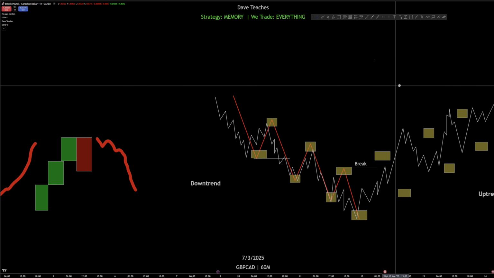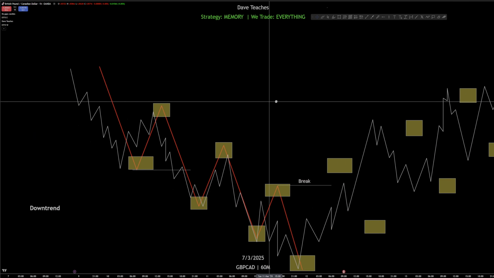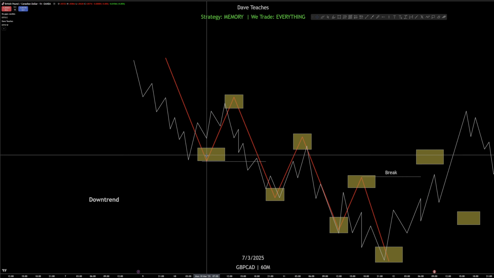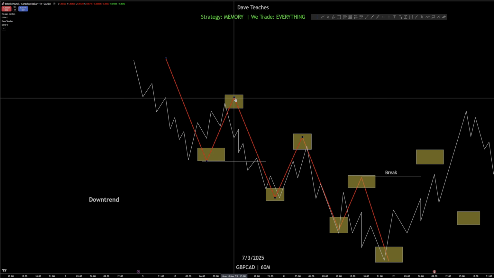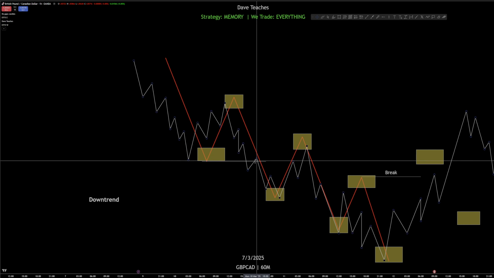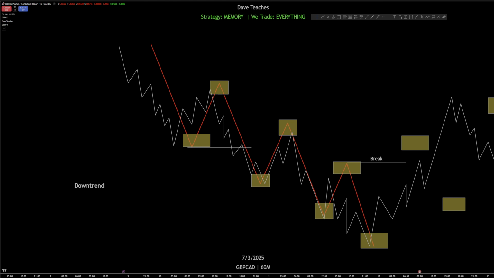So when we talked about the overlay of this, as we are heading down, what we can see is the market trades down, right? And then goes to put in a high, an internal high, and the market trades down again, right? So on the 1 minute, we are seeing this high get broken.